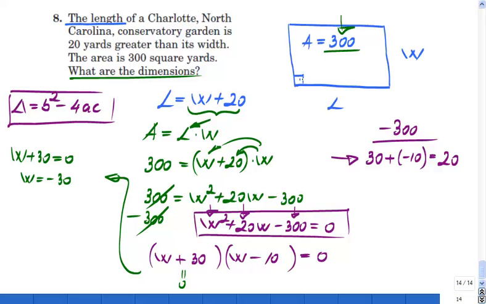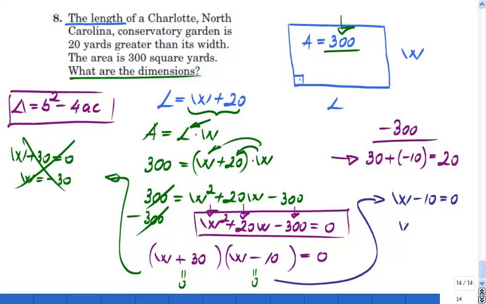Well, this is not good because I'm talking about real life, and this rectangle has positive dimensions, so this one is not good. And I will check the other one. Let's make this one 0, right? If that one is 0, I'm gonna take it here. I have w minus 10 equals 0, which means my w has to be equal to 10. That's a positive value, and it works.